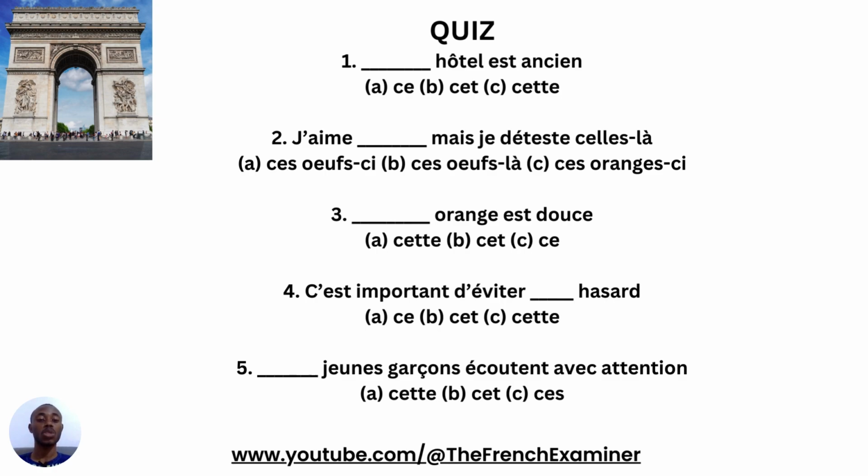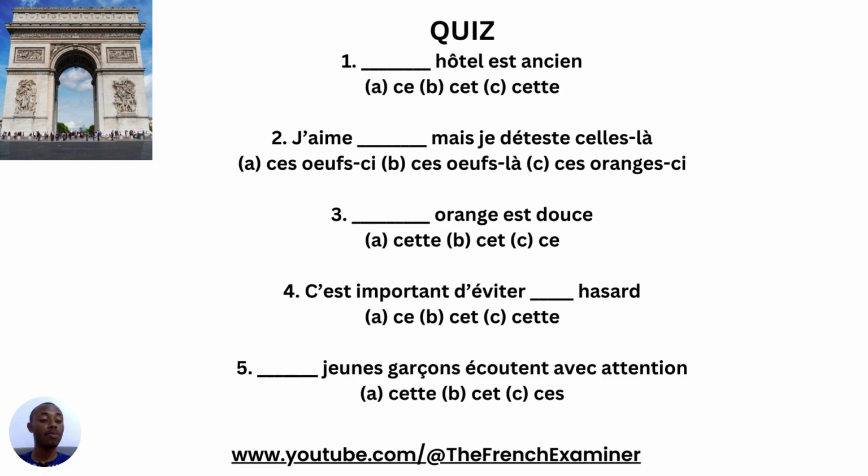We have ces œufs-ci, these eggs, ces œufs-là, those eggs, ces oranges-ci, these oranges. So if you look at là that is already in the question, you should have an idea that it will be between option A and option C. But we can't go for option A. Why?